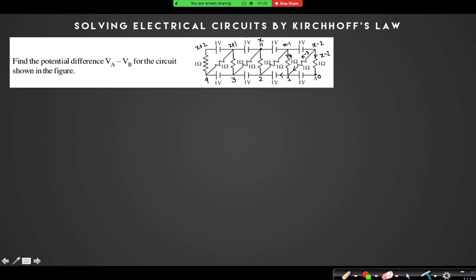It is x minus 2. Then the current in this branch is x minus 3 again. Current in this branch is x minus 2. Current in this branch is x minus 3. Current in this branch is x minus 2. Current in this branch is x minus 3.